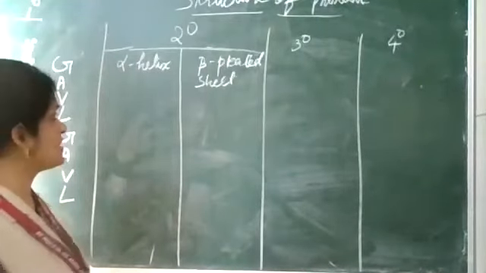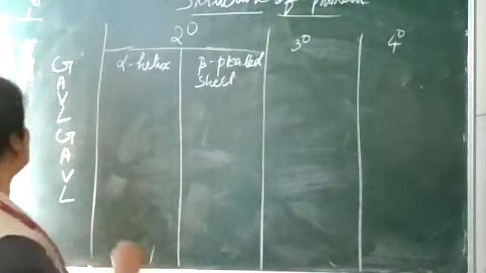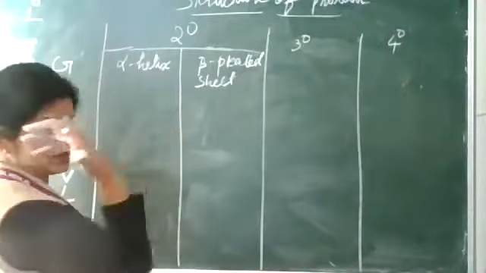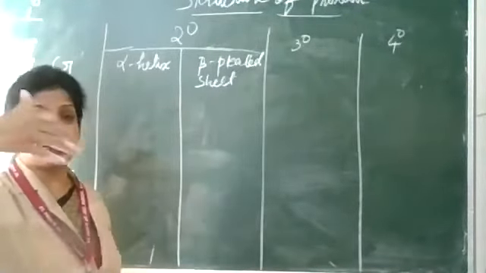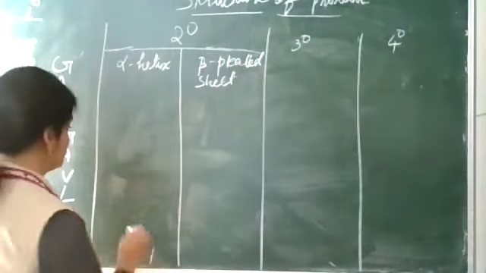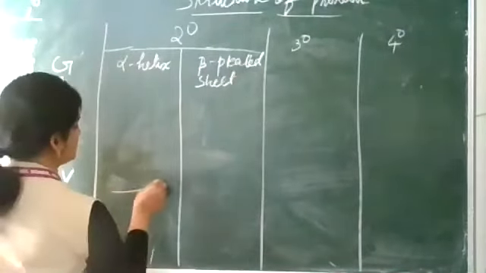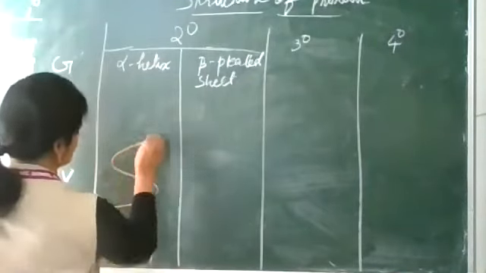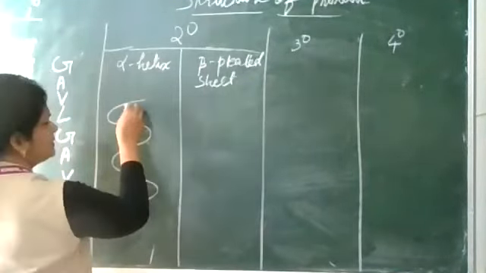Now, secondary structure. The polypeptide chain moves around just like a screw when the polypeptide chains coil around. So it will be like this. And what happens?